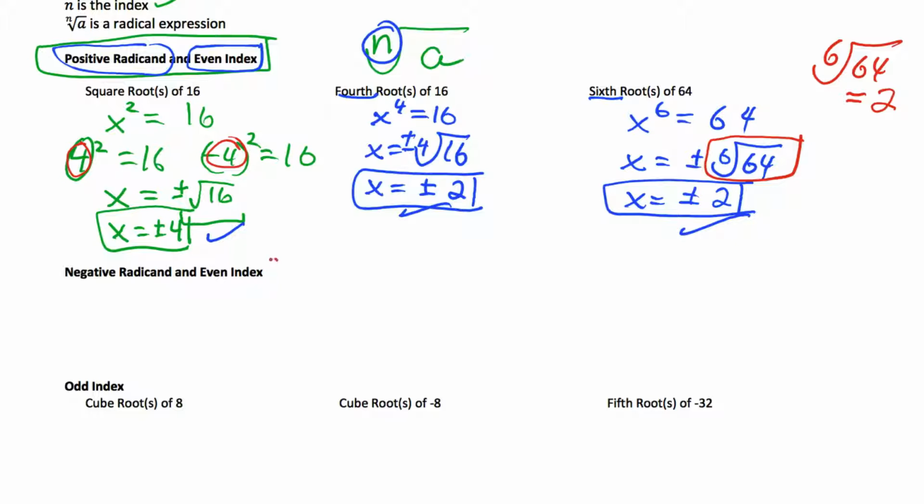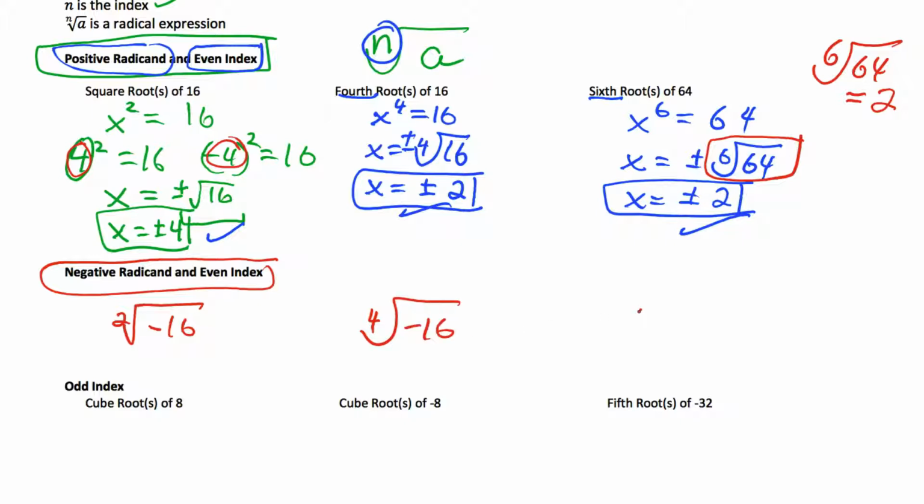All right, what if we have an even index with a negative radicand? So if we have the square root (index is 2 on square roots, remember) of negative 16, or the fourth root of negative 16, or the sixth root of negative 64. And if we think about this, whenever we have something to an even exponent, that answer is going to be positive.